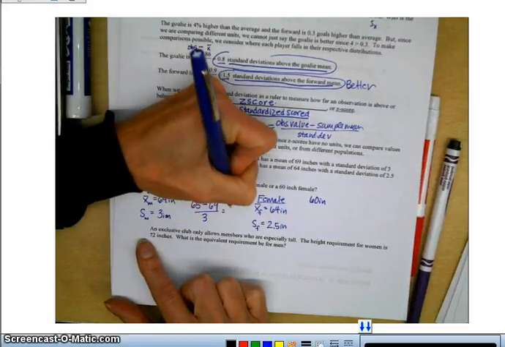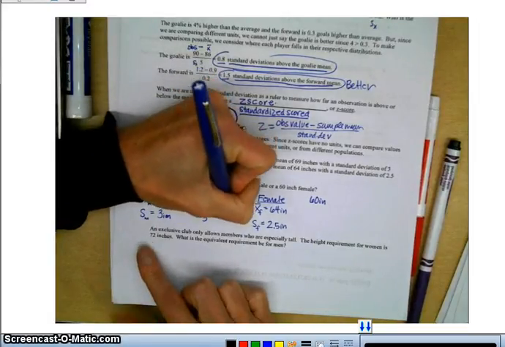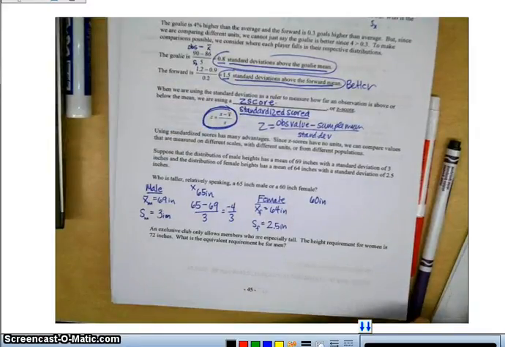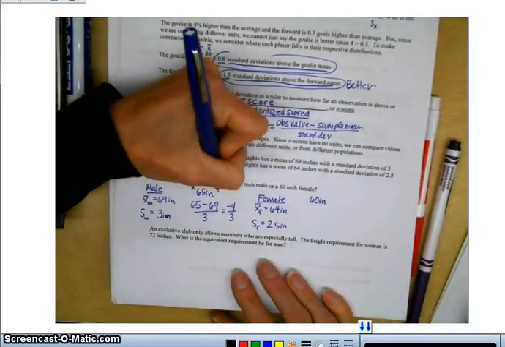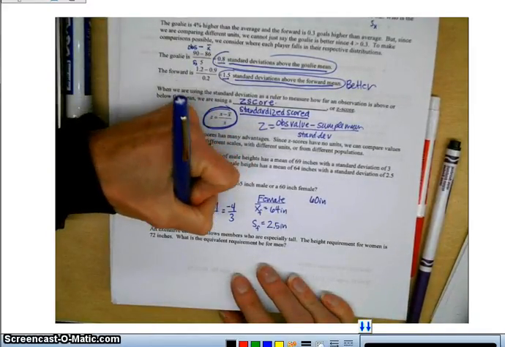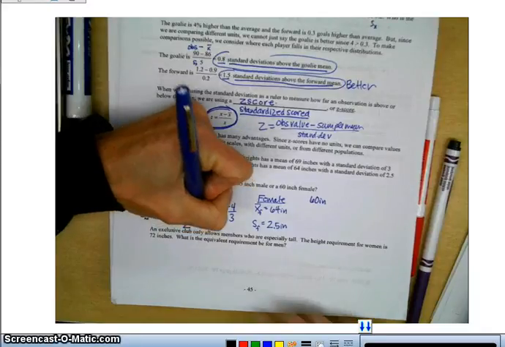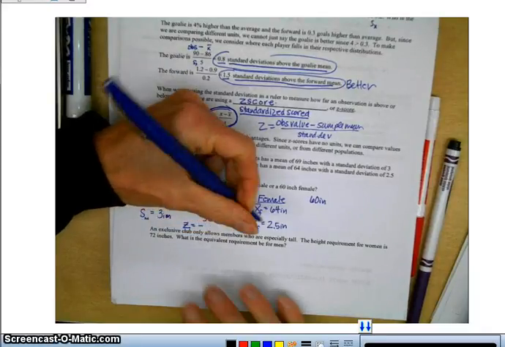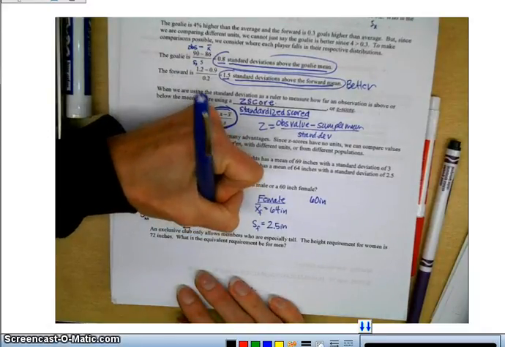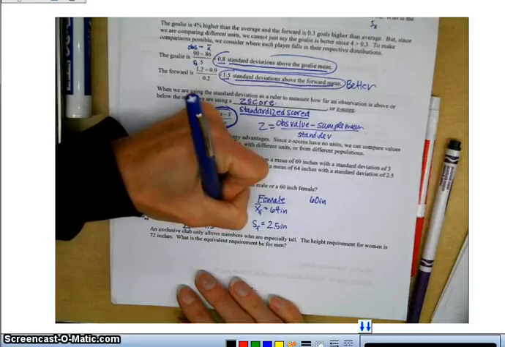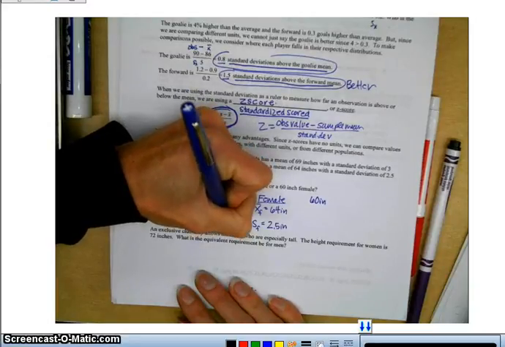So that would be -4 divided by 3, which is the z-score for this male, who's 65 inches tall, is -1.3 repeating standard deviations below the mean.